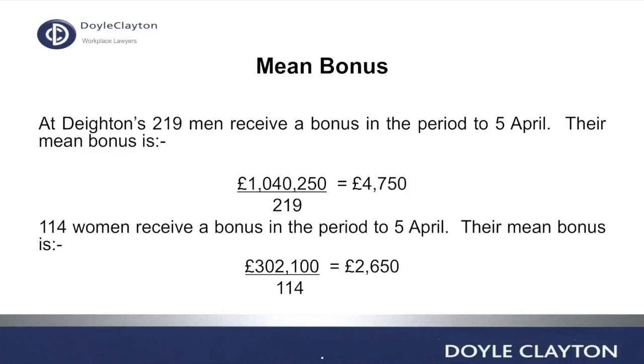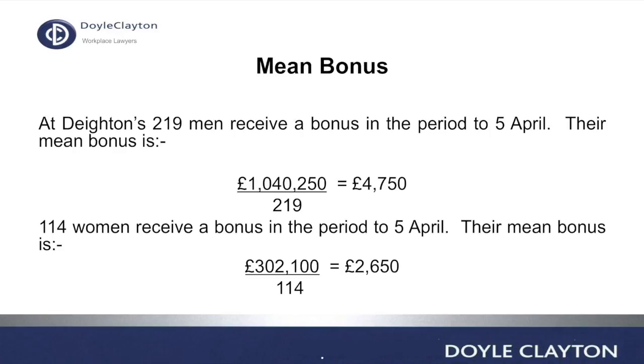This gives a mean bonus for men of £4,750. The total bonus paid to the 114 women at Dayton's is £302,100. So their mean bonus is £302,100 divided by 114, the number of female employees. This gives a mean bonus for women of £2,650.